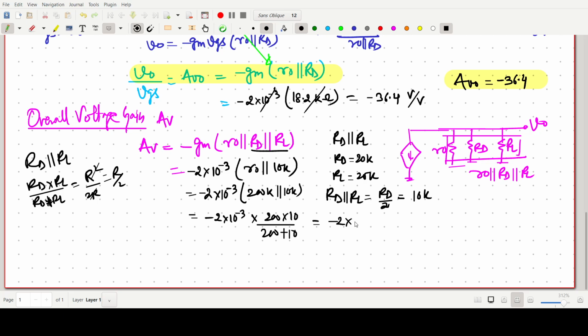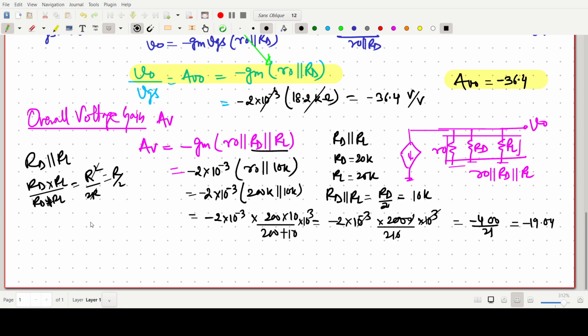So minus 2 into 10 to the power minus 3, and there should be a k, so 10 to the power 3. So 2000 divided by 210, into 10 to the power 3. This should be cancelled out. So it should be minus 400 by 21, and if you solve it, it will come minus 19.04.